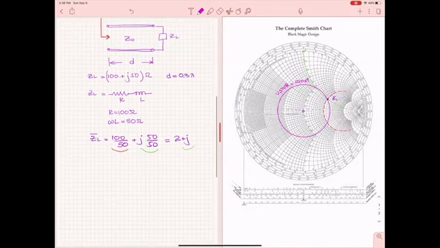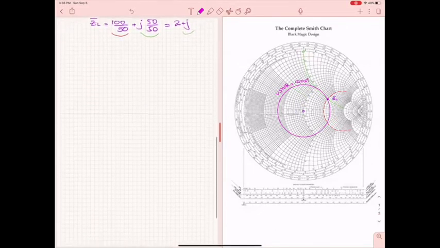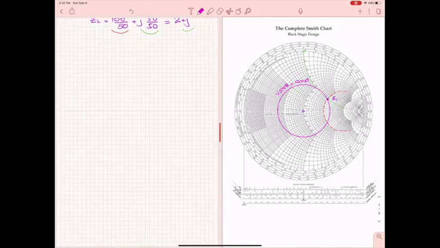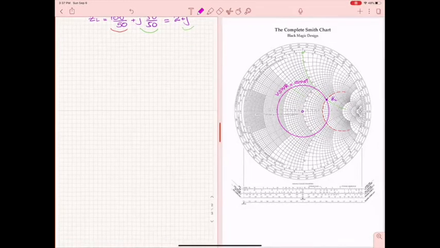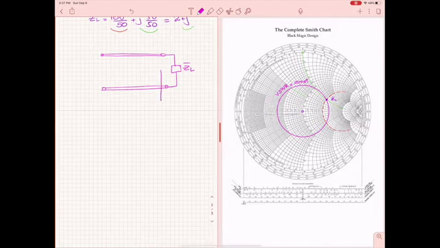Why is that? Let's work a little bit on transmission lines to see why this is the constant VSWR circle. When we have a transmission line, and here we have a Z_L, at this point, how much is the reflection coefficient?